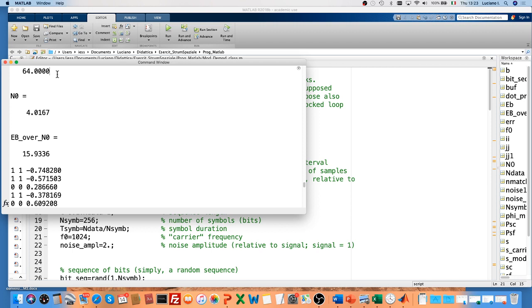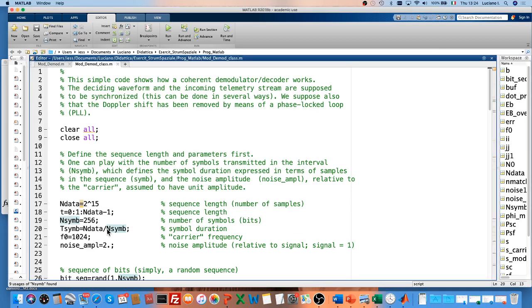This quantity is reduced by another factor of 2, so EB over n0 should be around 8. We have to expect perhaps some errors, but it is unlikely, because if you remember well the curves, you have to go close to unity to find a large number of errors.